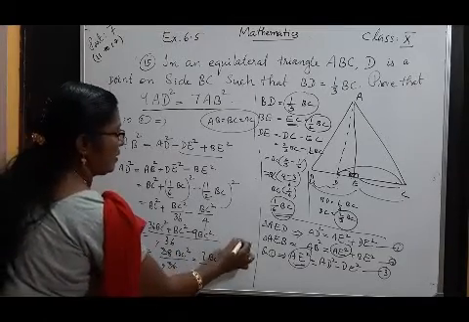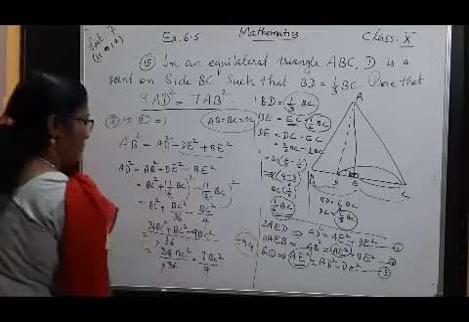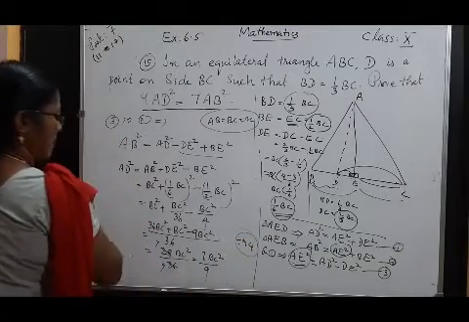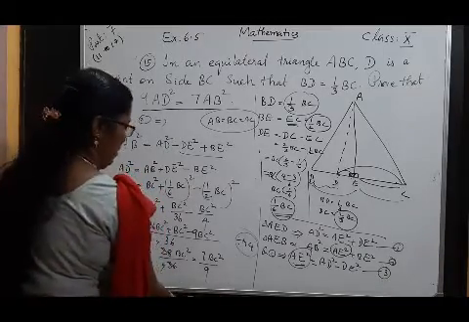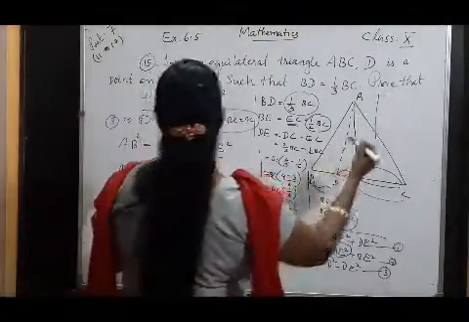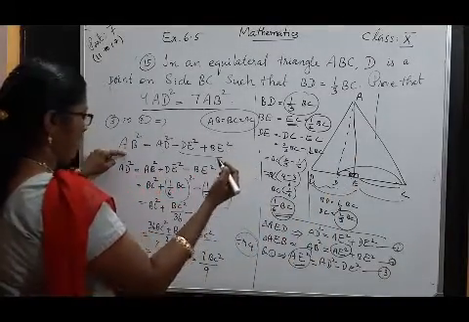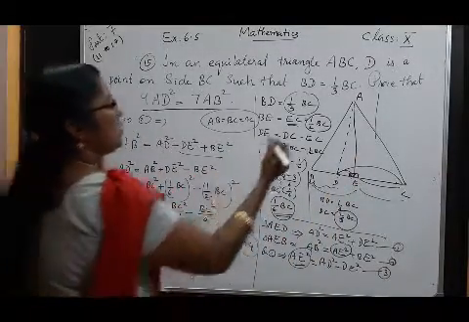Okay, dividing by 4. Then transpose this on the left side. Here is AB square equal 7 by 9 BC square.